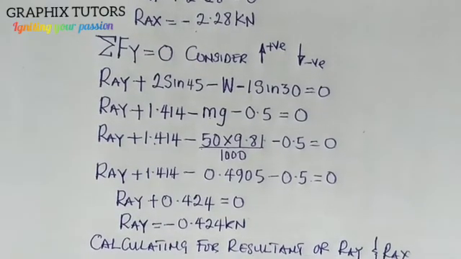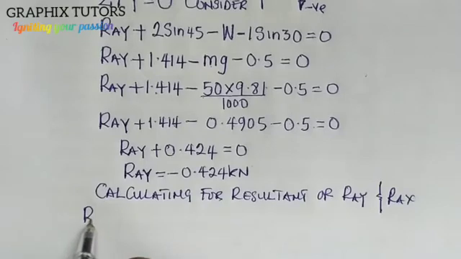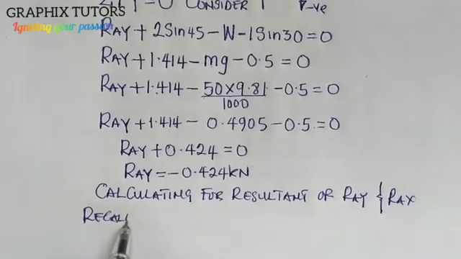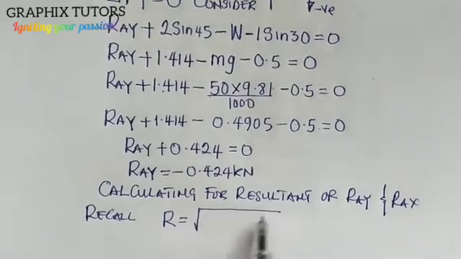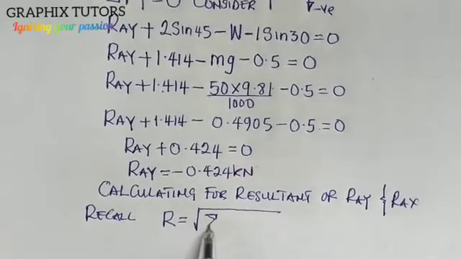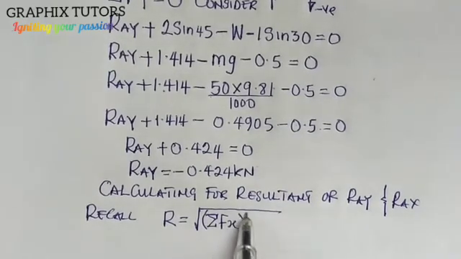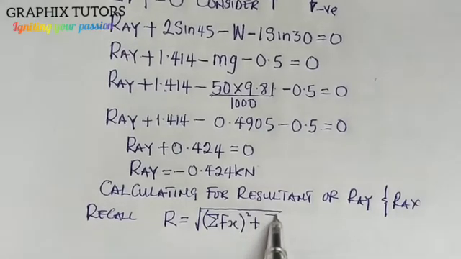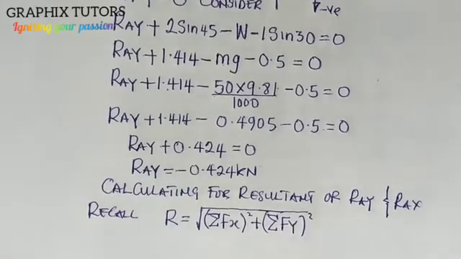We are going to use this formula that says, recall, my resultant R will give me the square root of summation of Fx all square plus summation of Fy all square, right?